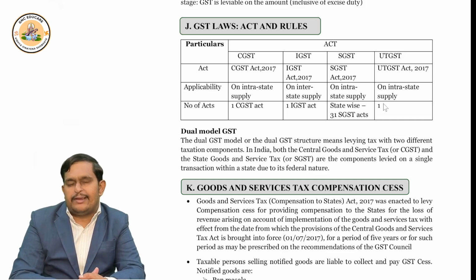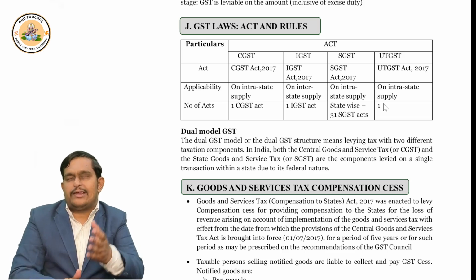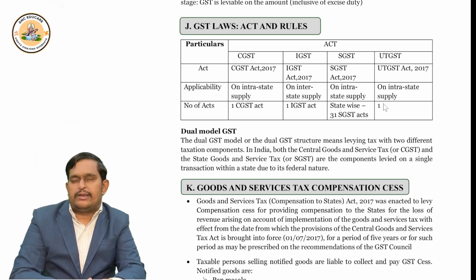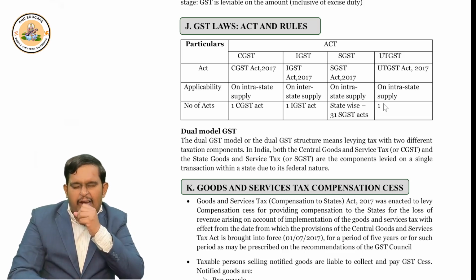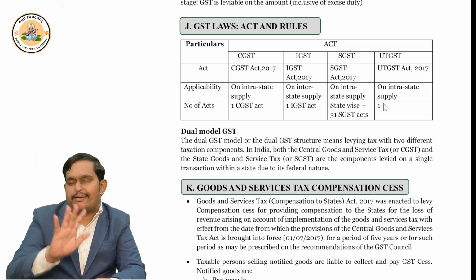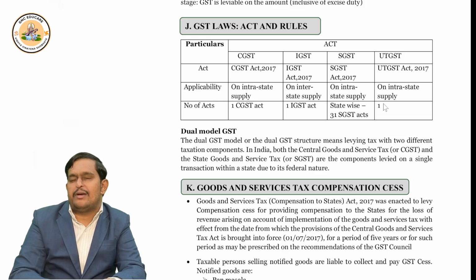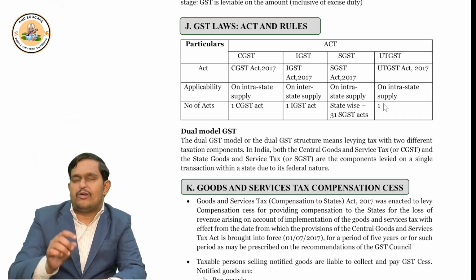Now, why is compensation required? Because state governments were skeptical: okay, we are getting some taxes now, but if you bring GST and we don't get the taxes, what to do? To give that confidence among the states, the central government promised that for 5 years, from 2017 to 22, it will compensate whatever loss is suffered by the state governments.